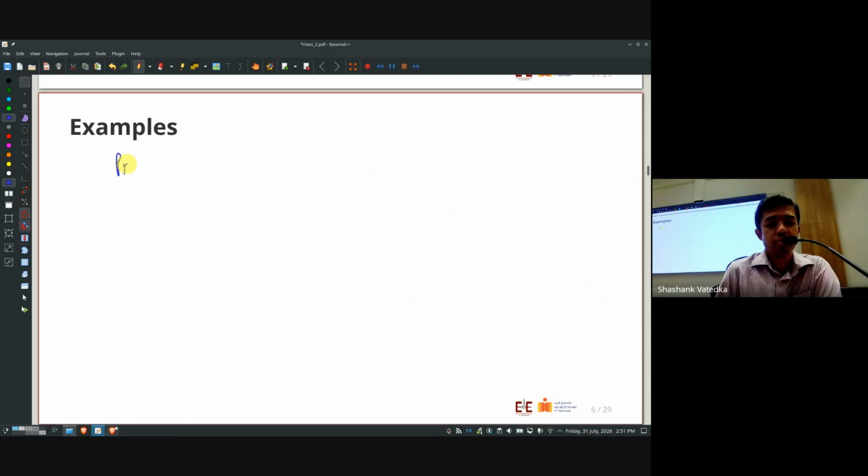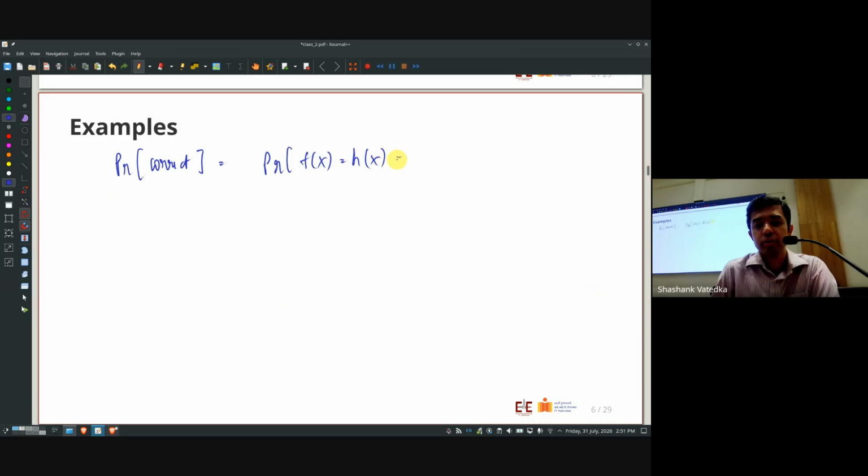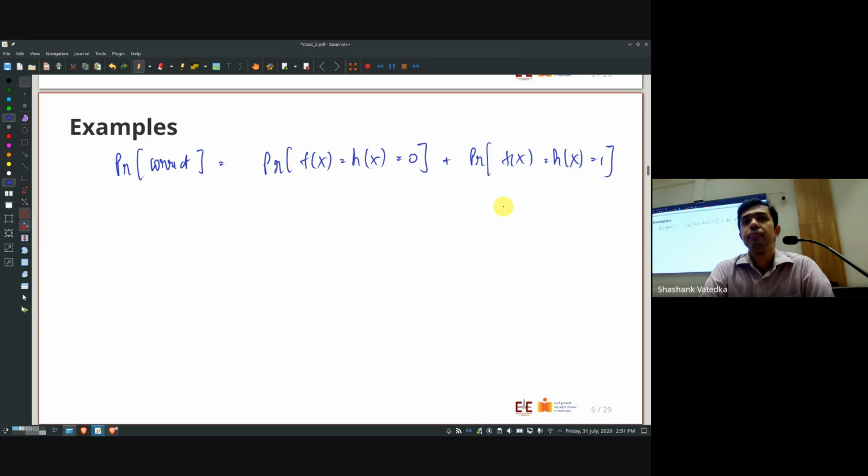So the probability that you're correct is equal to the probability that f of x is equal to h of x is equal to 0, plus the probability that f of x is equal to h of x is equal to 1. Right? Also, these two events are mutually exclusive. That is what we look at, right?